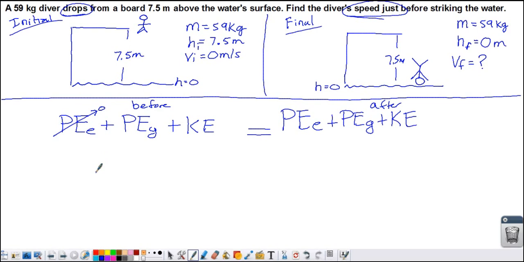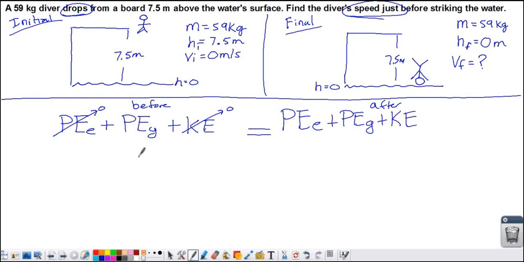Gravitational potential energy, that's when you are either above or below height 0. Well, we're above, so there's definitely gravitational potential energy to start. Kinetic energy, well, the person is dropping. They're starting at a velocity of 0, so they're not moving. So the kinetic energy is going to be 0 to start. So on the left-hand side, all that I have left is gravitational potential energy.